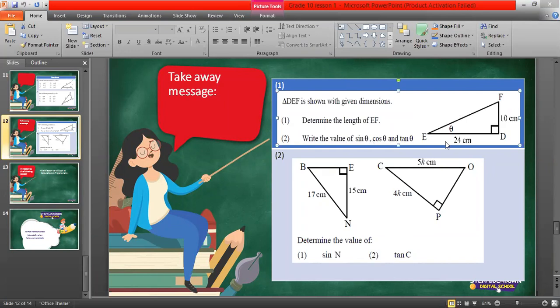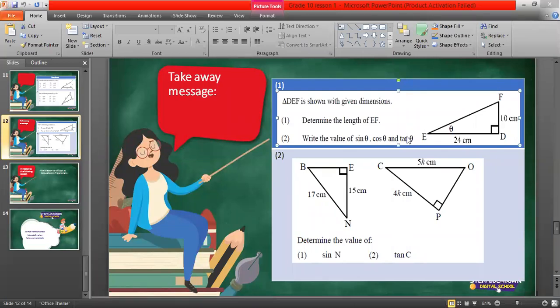Sin theta will be opposite 10 over hypotenuse, 10 over 26. And then our cos theta will be adjacent over hypotenuse, 24 over 26. Adjacent is 24 because 10 is our opposite. So 24 over 26 is our cos theta.